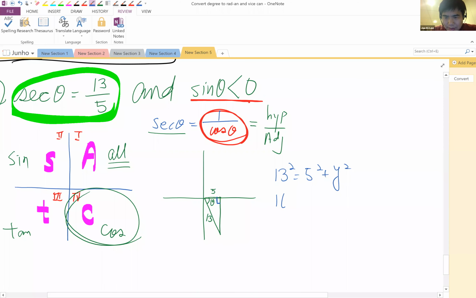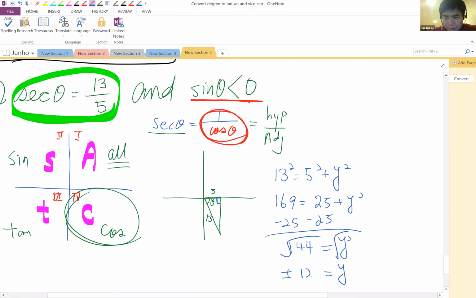So 169 equals 25 plus y squared, and minus 25. Then y squared equals 144, square root. Then we got y equals plus and minus 12. But this time we are taking negative 12 because in the fourth quadrant y will become negative, right?